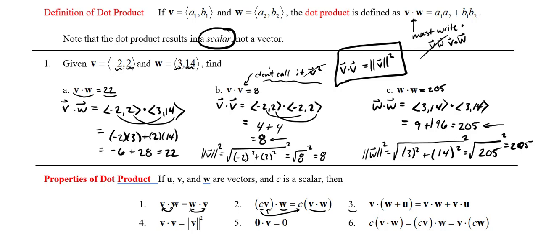3 here is telling us that dot products actually distribute across sums. V dotted with the quantity W plus U is V dot W plus V dot U. It distributes. This actually tells us that distribution is all we need to say that we can FOIL vector binomials. For example, V plus, I'm running out of letters here.